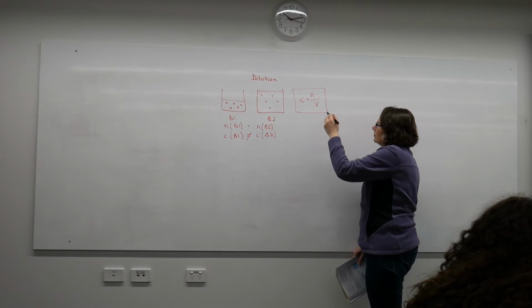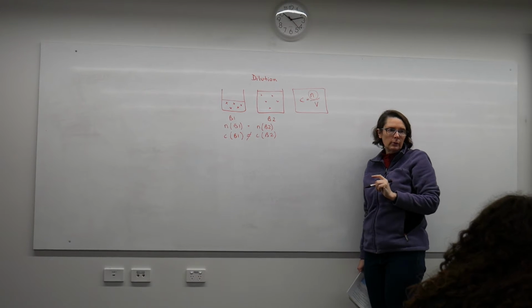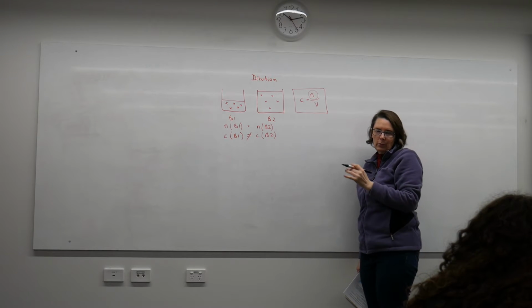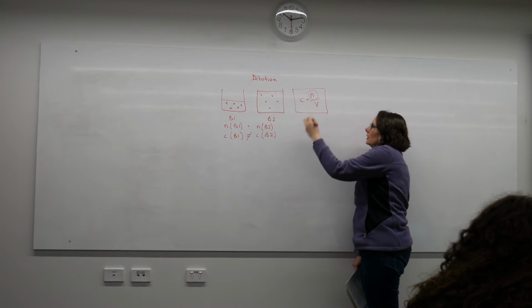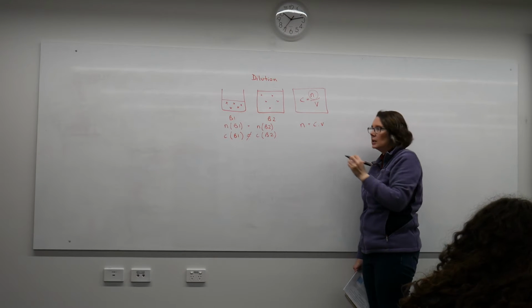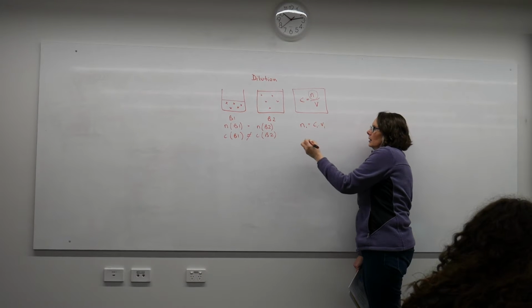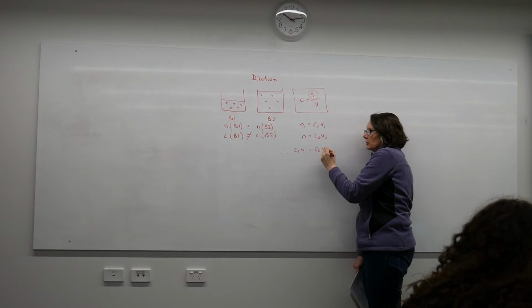And that is if we realize that the number of moles is the same for the two of them, then we can cancel that out, if you like. We can say then, if moles is equal to the concentration times the volume, and the number of moles is the same in each, then therefore C1V1 is equal to C2V2.